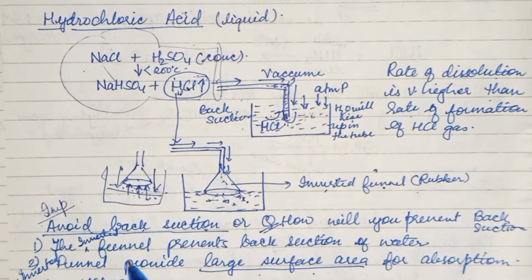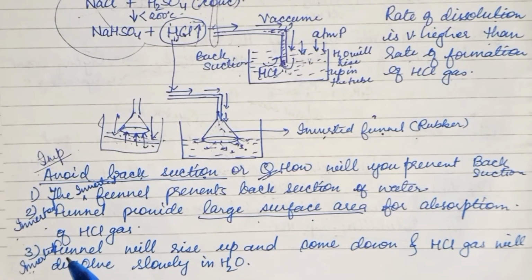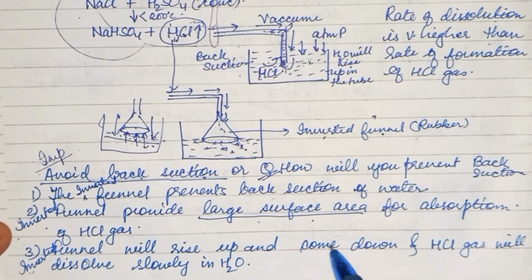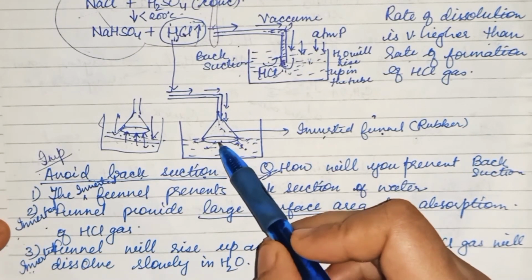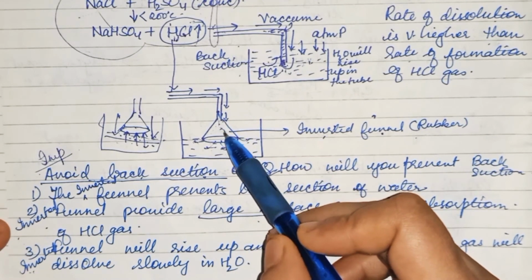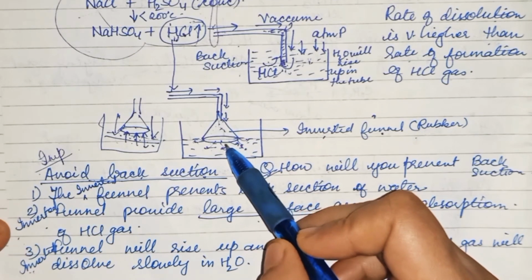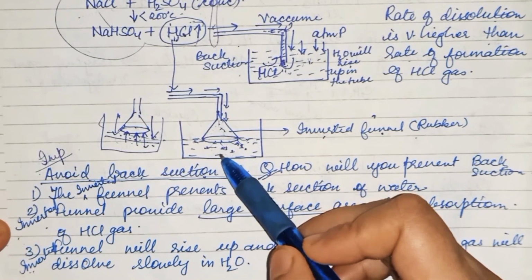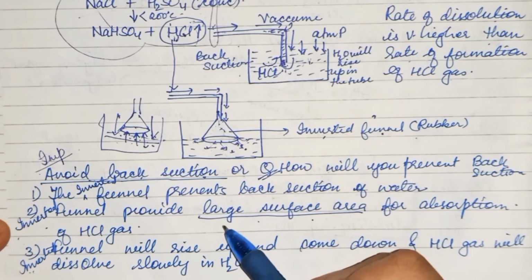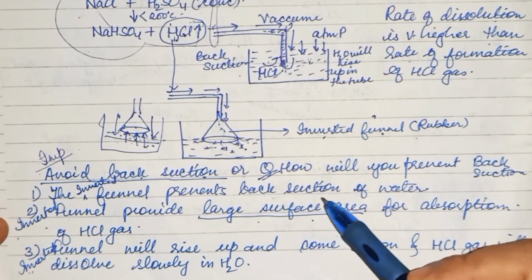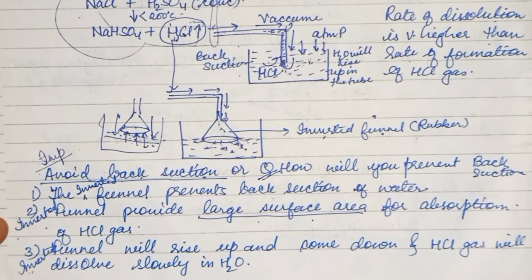Next, the inverted funnel provides a large surface area for absorption of the gas. And third, the inverted funnel will rise up and come down, and HCl gas will dissolve slowly in water. Because when it is up, at that time HCl is not getting dissolved in water. When it touches the surface of water, only then will dissolution take place. So these are the 3 points which will prevent the back suction of liquid.